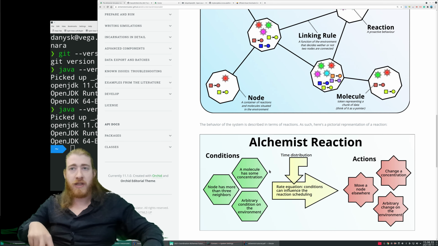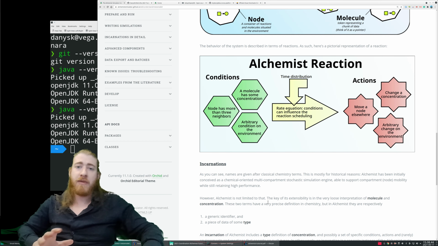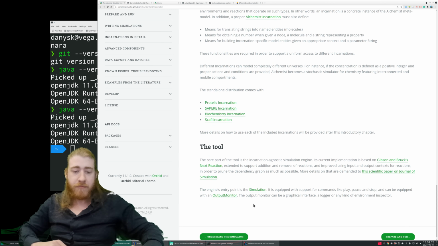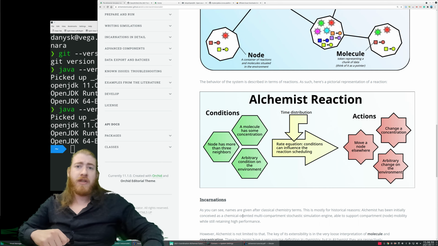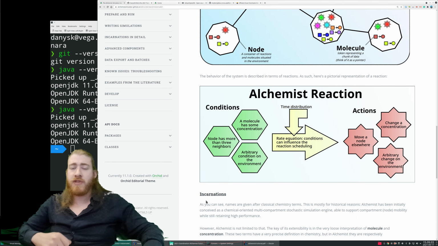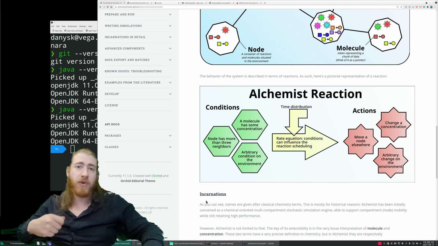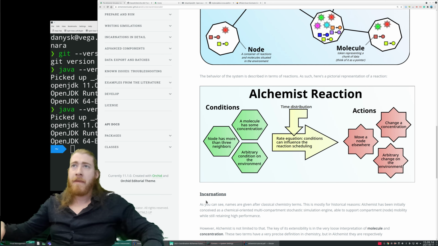The rate equation allows conditions to return values and to influence this time distribution. So you might say something like this particular reaction triggers quicker if the node is moving above a certain speed threshold, or this reaction goes quicker as the node moves quicker.